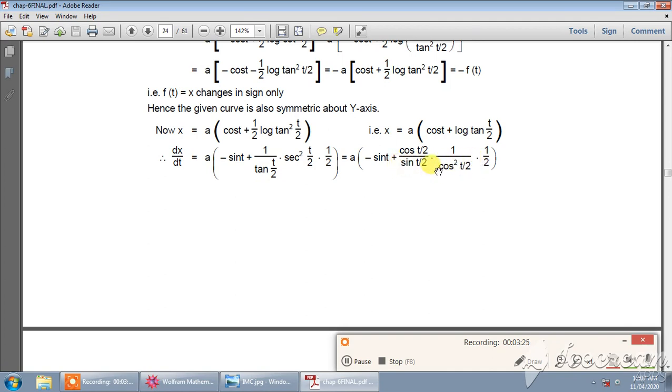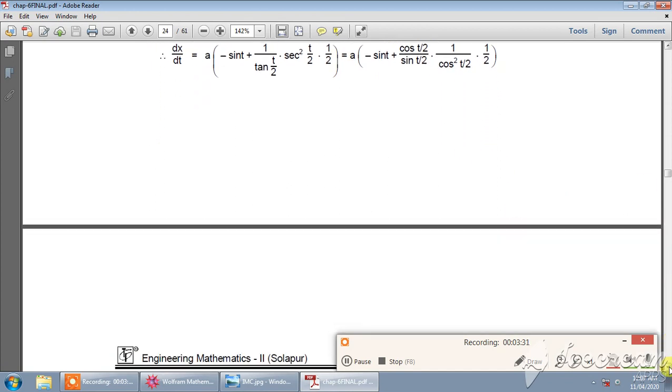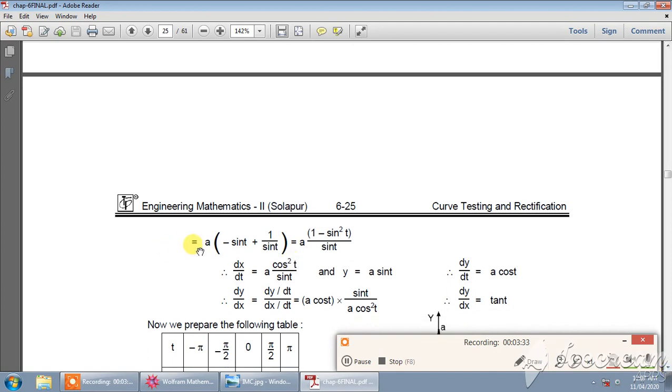So we get dx by dt equal to a inside the bracket minus sin t plus 1 upon sin t. If you take LCM, we get 1 minus sin square t in numerator divided by sin t, and 1 minus sin square t is cos square t divided by sin t.